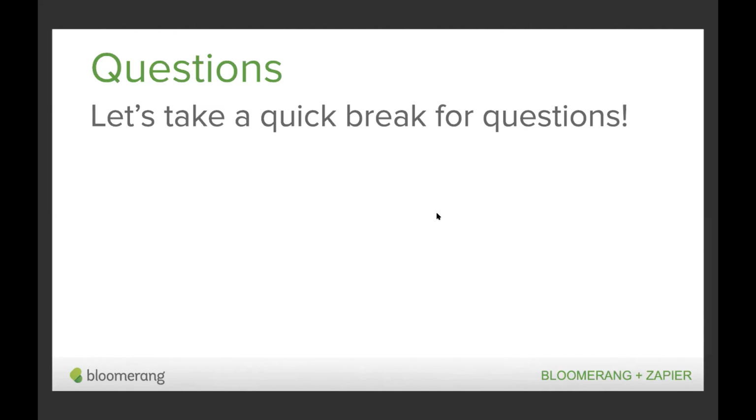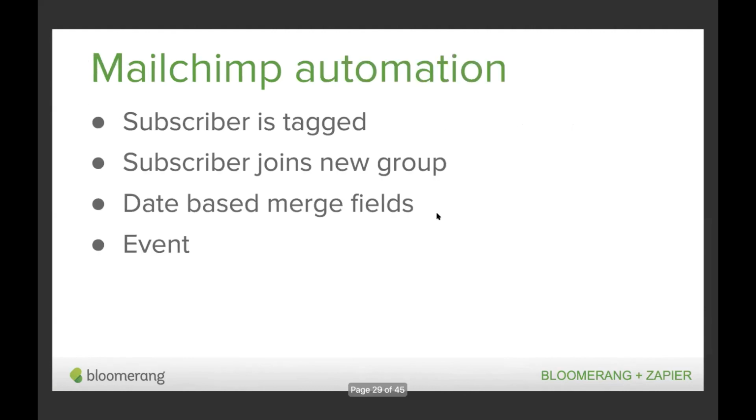So let's dive into our next use case. The use cases for segmentation in Mailchimp are nearly endless, but Mailchimp's ability to support fundraising efforts doesn't stop there. Instead of merely segmenting subscribers, you can take advantage of Mailchimp's automation functionality to trigger an email or an email series based on subscriber activity.